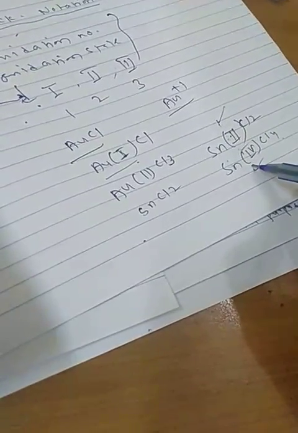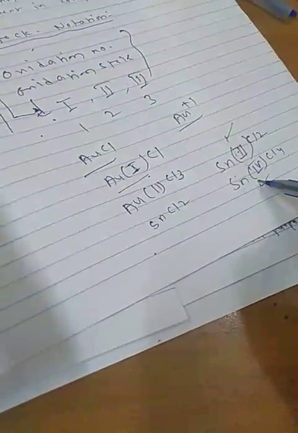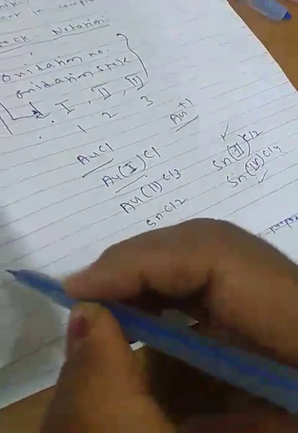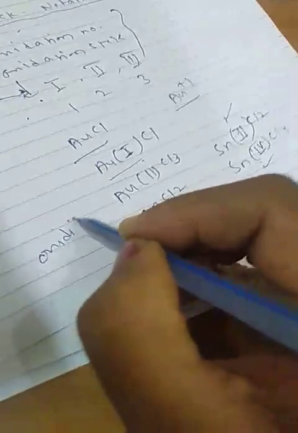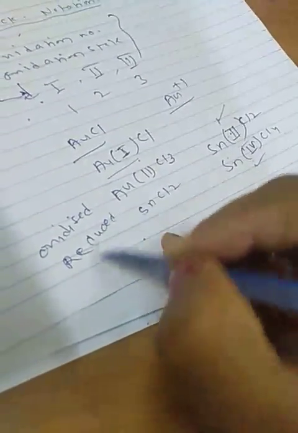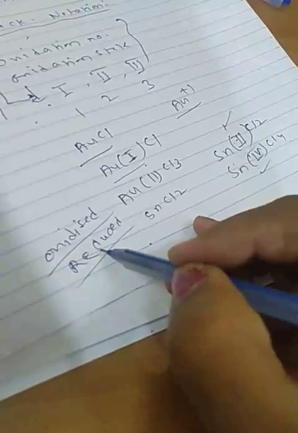The oxidation number is 2, the oxidation number is 4, so the oxidation state is 2, the oxidation state is 4, which in turn helps to identify whether the species is present in oxidized form or reduced form. Already I taught you how oxidized and reduced form can be explained.